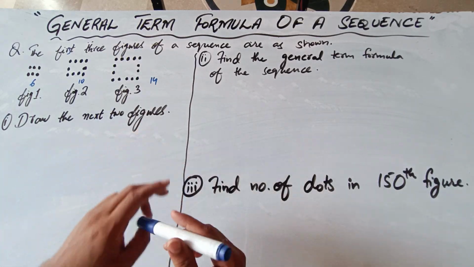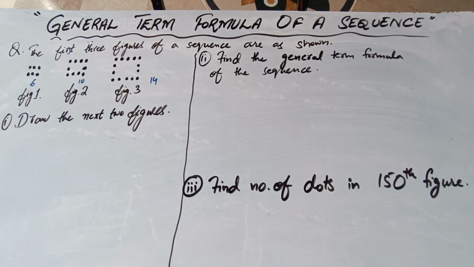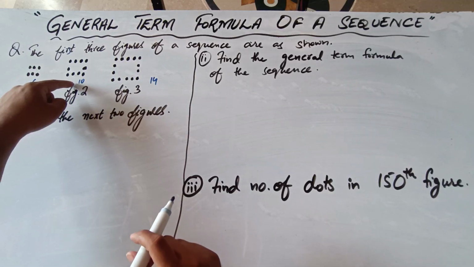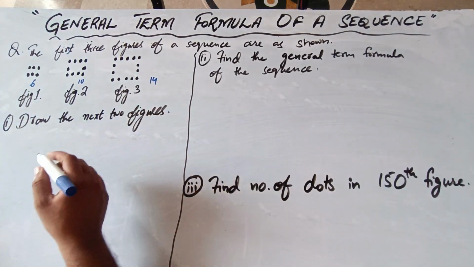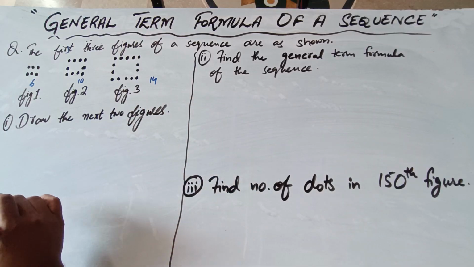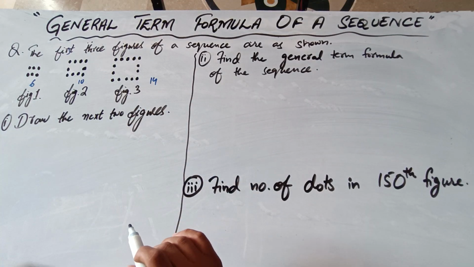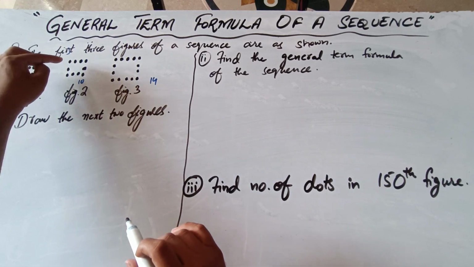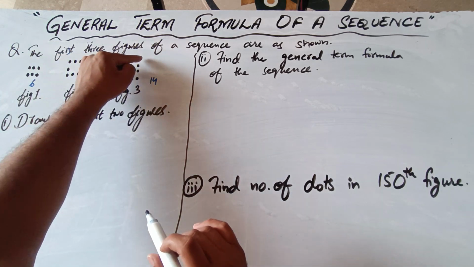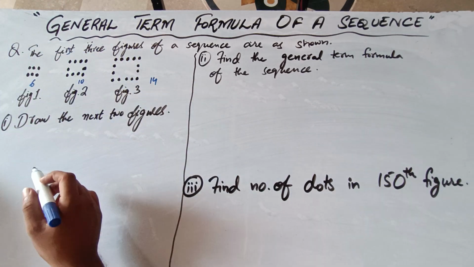Draw the next 2 figures. So in the next 2 figures, definitely 6 plus 4 is 10, 10 plus 4 is 14. So it means that in the next figure, there must be 18 dots. And we need to analyze this as well. In the top row, 3 dots were there, then 4 dots, now 5 dots are there.